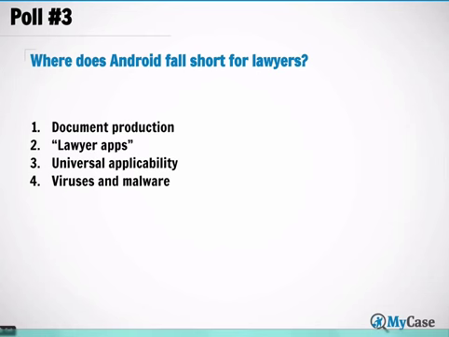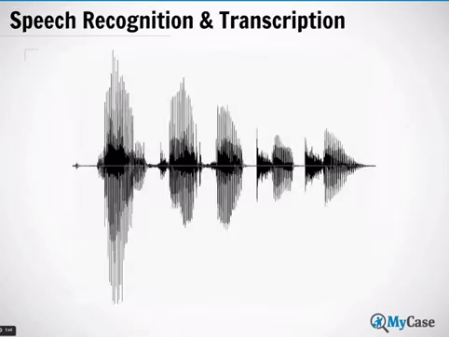Let me tell you the first way that I like to use Android, and this kind of helps with document production. And that is speech recognition and transcription. I think Android has one of the best speech recognition voice-to-text engines that is available for free that lawyers can use and can take advantage of.